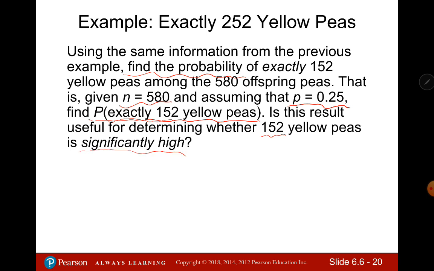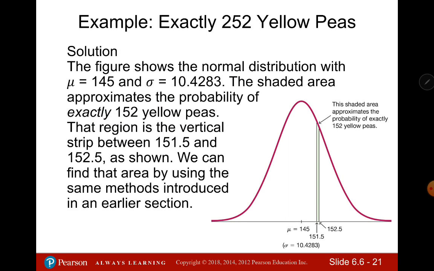First, let's check the probability. How can we get the probability? This time we want to get the probability of a single value, P of x equal to 152, right? So this time in the binomial distribution, it's just a single value.